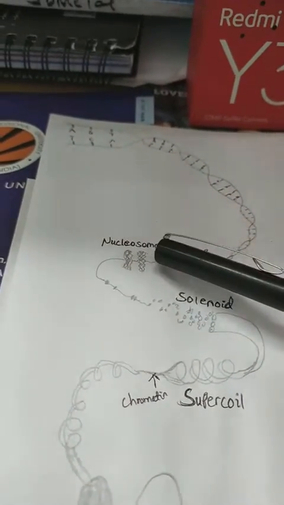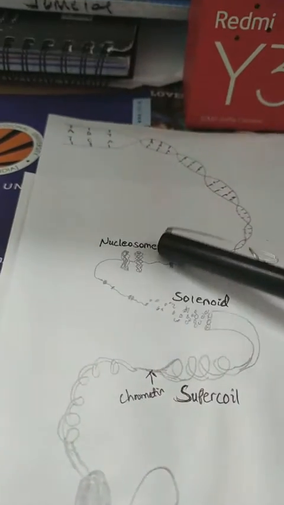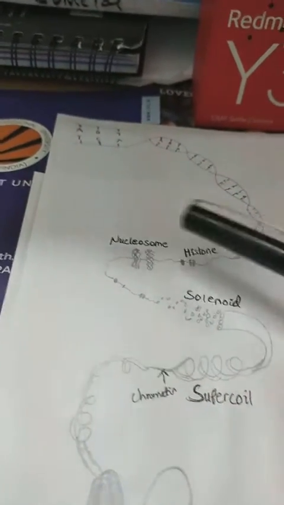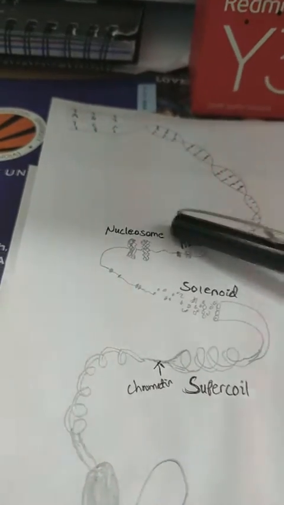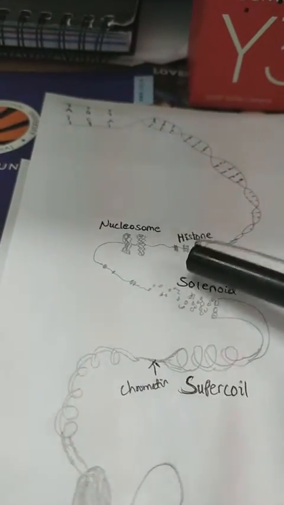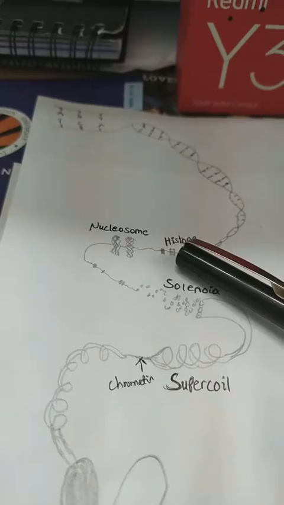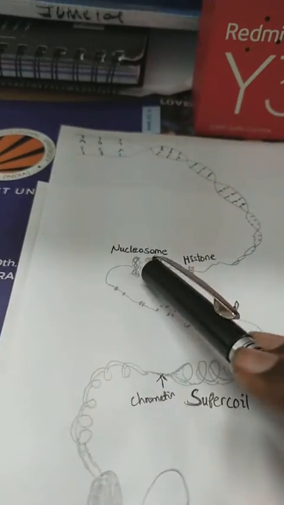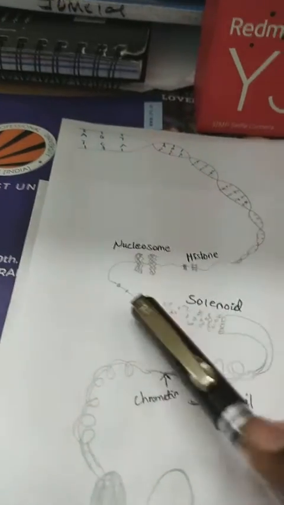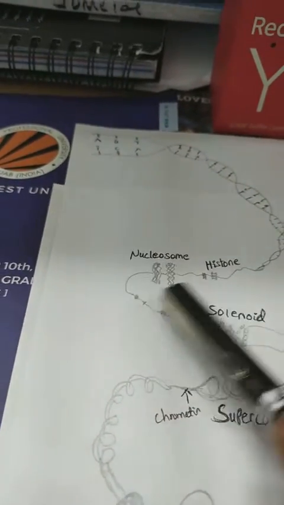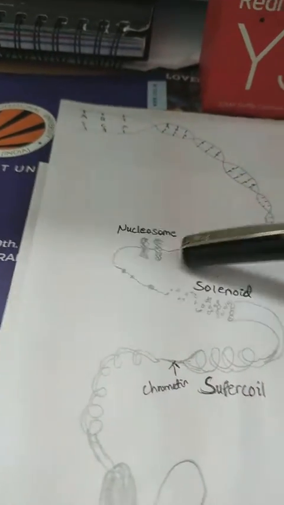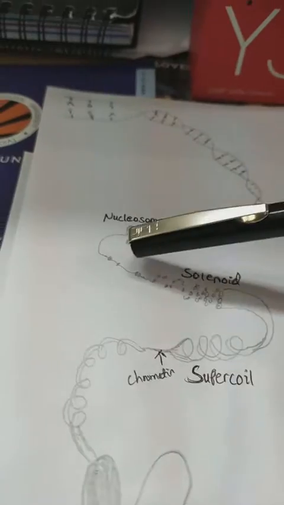Next to this is another structure known as the nucleosome, and the nucleosome is nothing but 8 of these histones. The cell takes 8 histones, packs them together on top of one another, and forms a single structure known as a nucleosome.